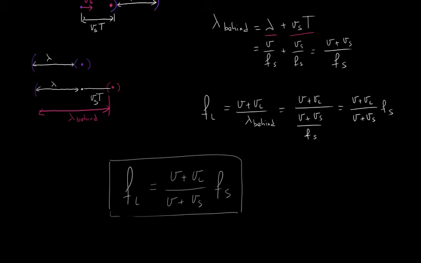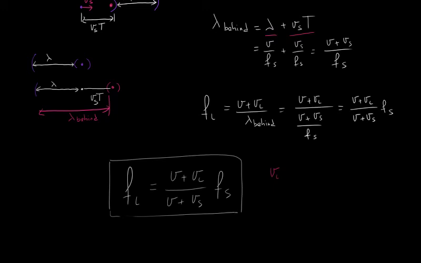But it could happen that the listener is moving away from the source, or the source can move towards the listener and the listener is moving towards. So there are a bunch of different situations that could be adjusted if we consider the sign of the listener's speed.